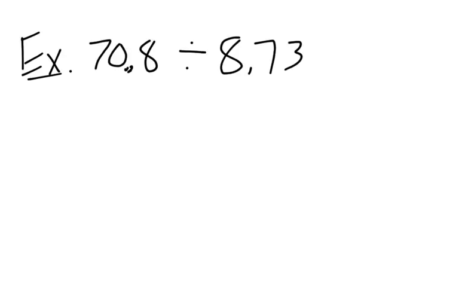All right, we'll try another example. 70.8. Yeah, that's a decimal, believe it or not. Divided by 8.73. All right, going through my steps, my divisor is 8.73. I need to round it to a whole number, so 9.